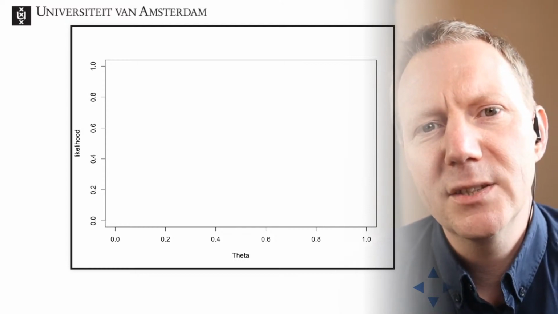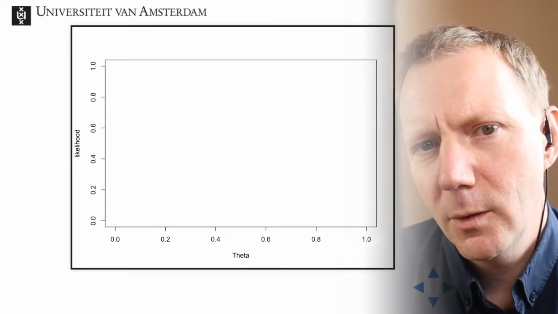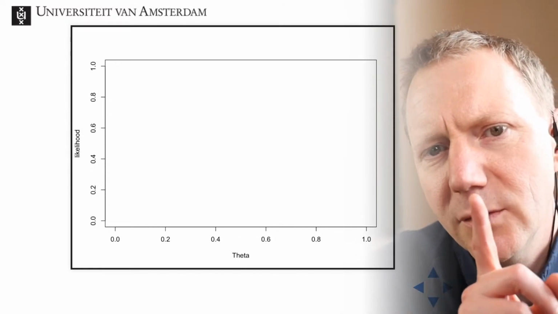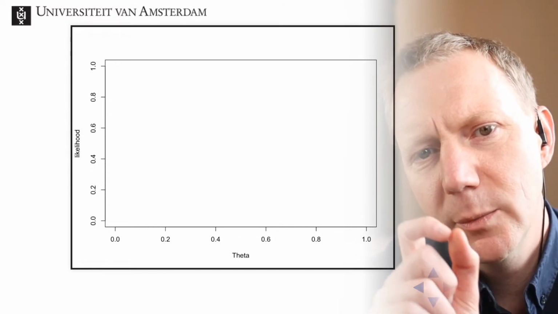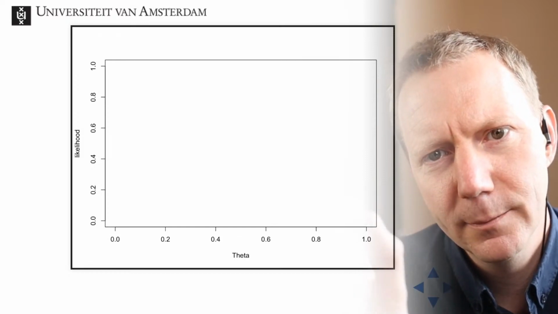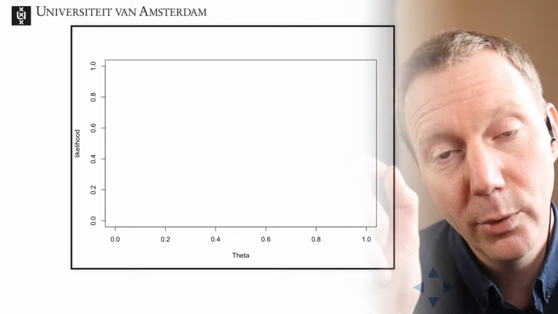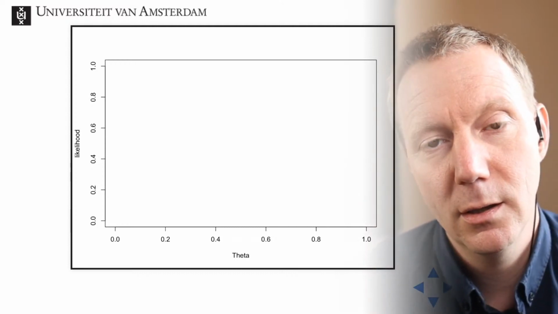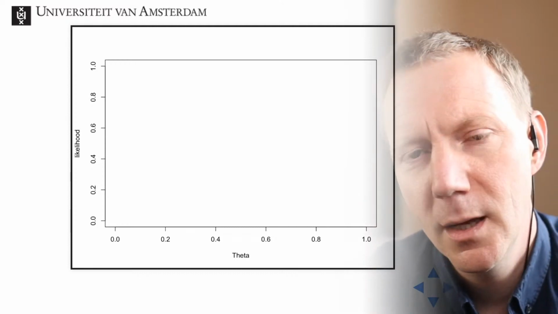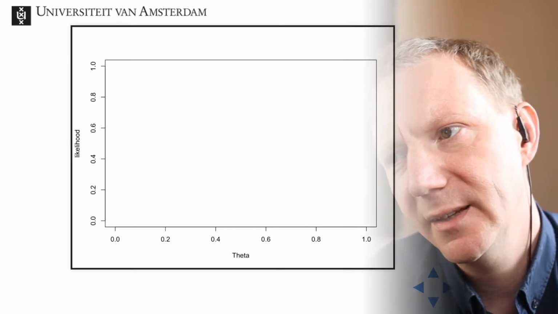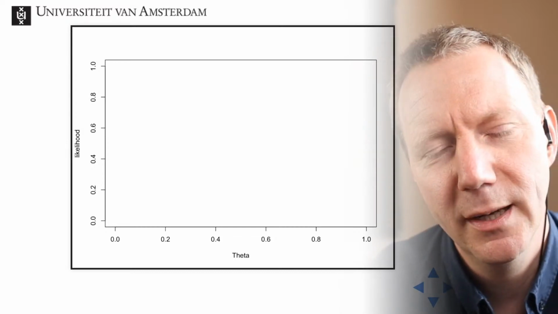That's true. But one thing you have to consider here, we're not talking about throws. We're talking about the possibilities of theta. So you think that a theta of 0.5 is really likely. Yeah. But you're also saying that a theta of 0.6 is really likely.